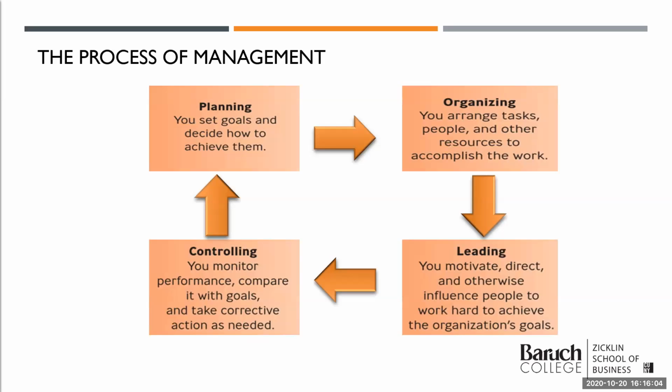So just to review, and I know we did this sort of last week, but I'm going to make it a point to review each week as we go along to make sure that some of these more important concepts are getting drilled in. In the early part of the semester, we talked about the planning process of management. And if you recall, we established a strategy, right? That was the plan that we made.